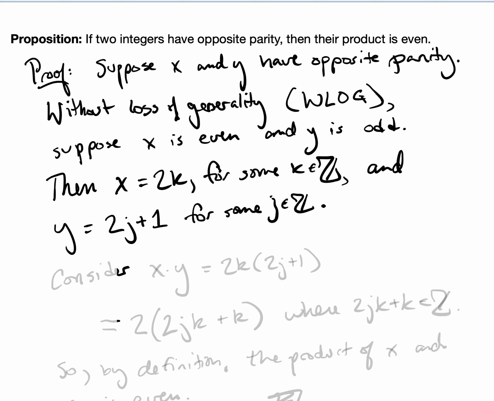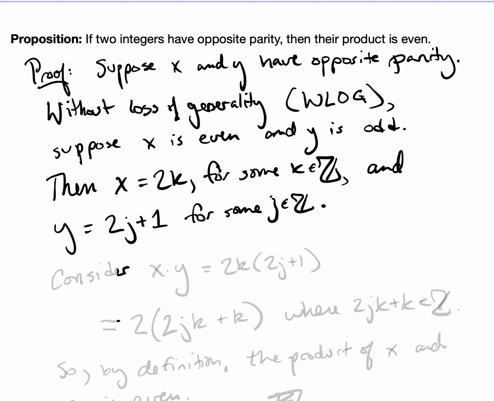And again, I need a different variable here because I don't want to have created a false relationship between x and y. So for example, if I used y equals 2k plus 1 and x equals 2k, then that would give the additional assumption that y was 1 larger than x.